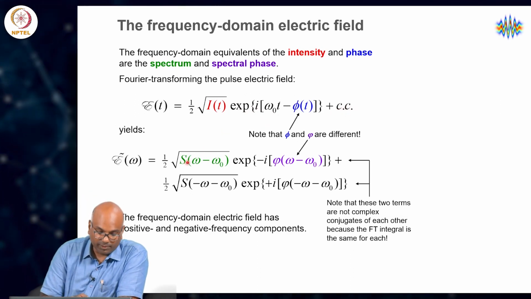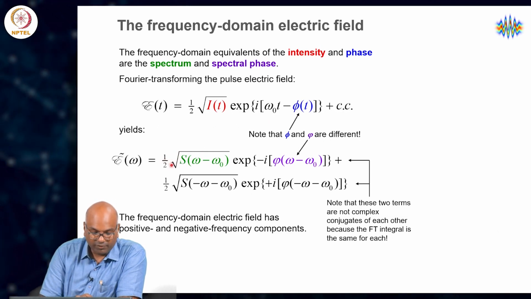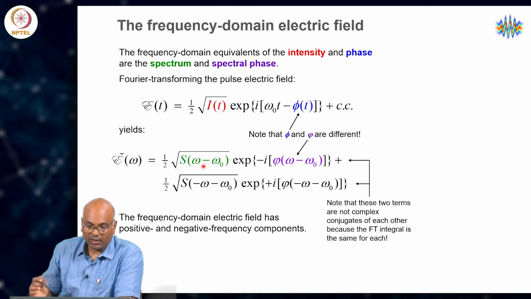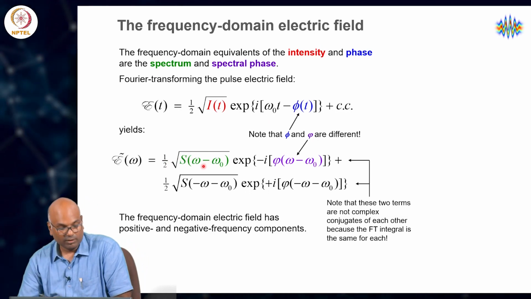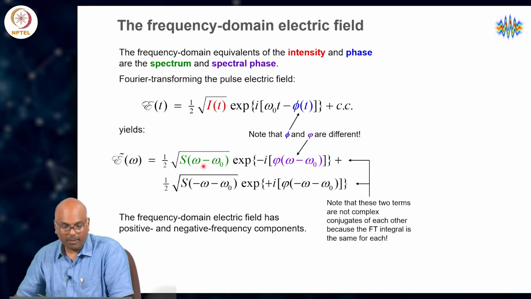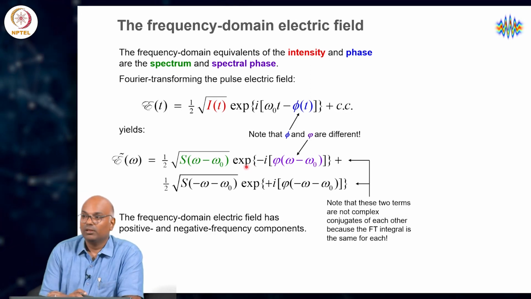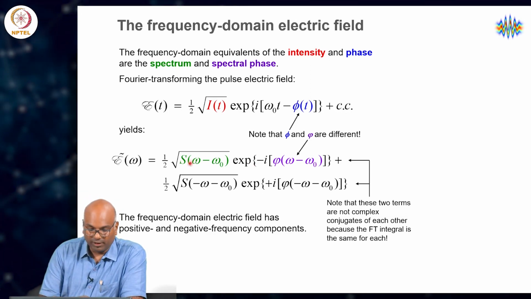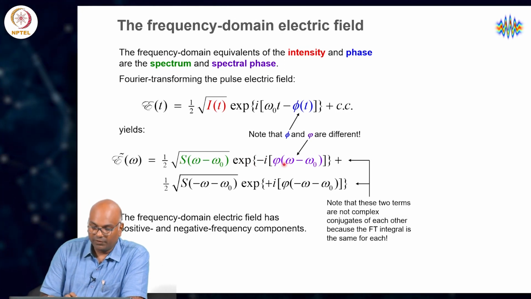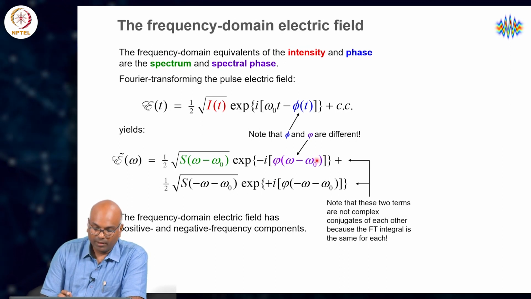This Fourier transform yields us first a term which is a half of the square root of S of omega minus omega naught, so a shifted spectral amplitude or intensity term, and likewise a shifted spectral phase term phi of omega minus omega naught.